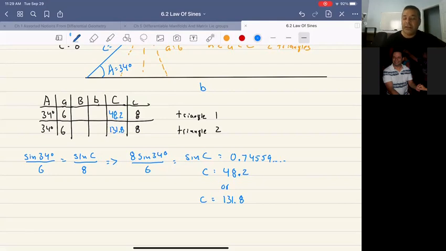Okay, let's find our angle B. So our angle B, in this case, I had it already set, so it's 14.2. Remember, this plus B had to equal 180, right?